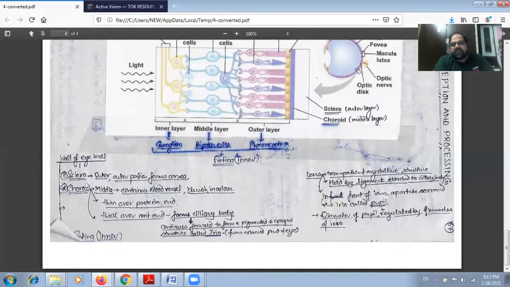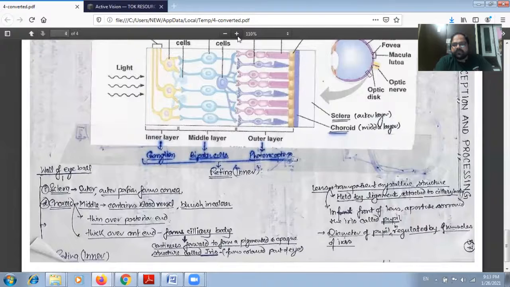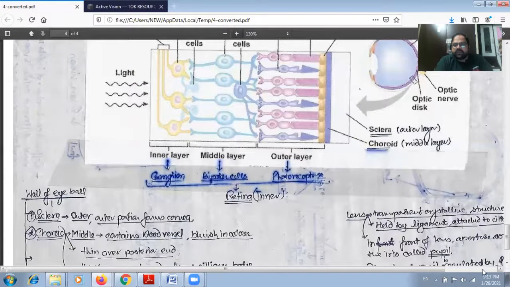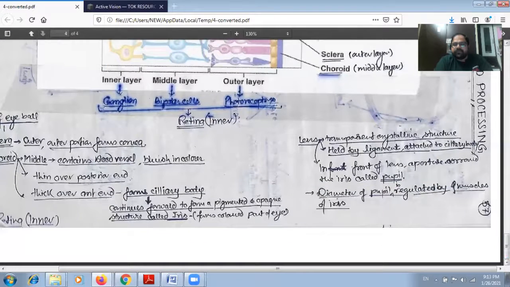Now we will talk about the lens. Lens is a transparent crystalline structure. Now I'll zoom it so that you can see it easily. The lens is held by the ligament called ciliary body, as I have already told.